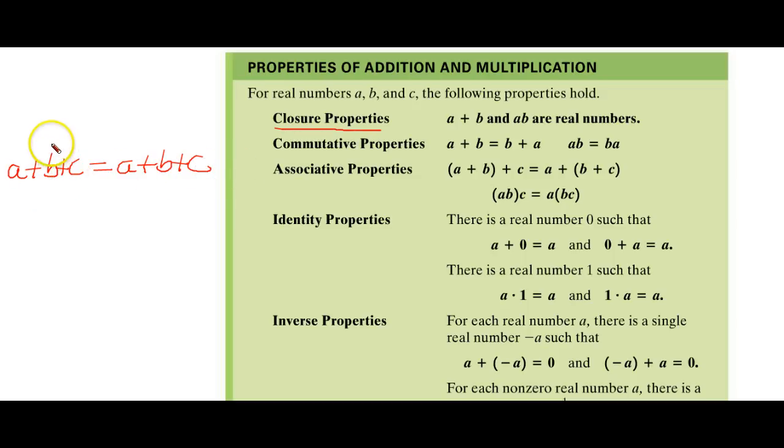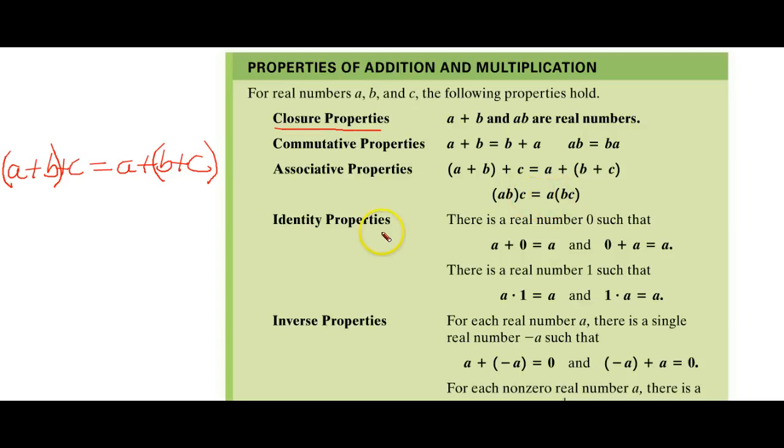The difference is where we place our grouping symbols. Here we're adding the first two elements, then the third. Here we're adding the last two elements, then the first. The order's the same, but the grouping, how we associate, is different. That's the associative property of addition, associative property of multiplication.